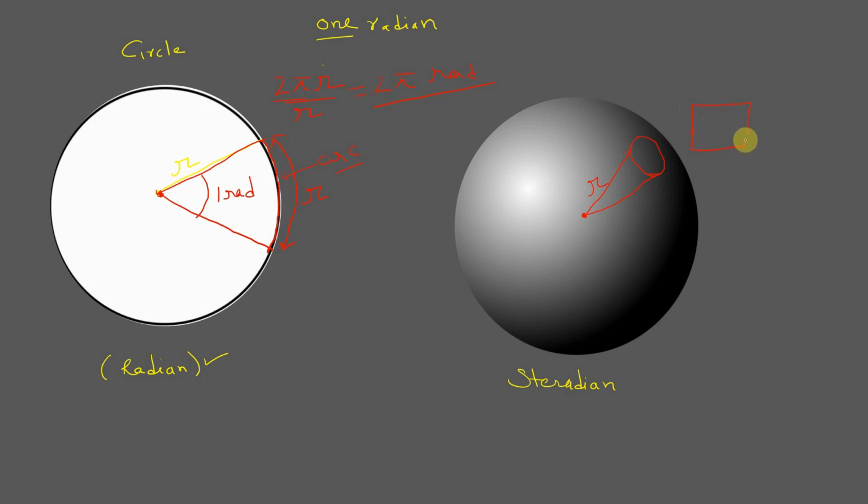This surface is equivalent to a square having the area r square, a square with each side of length r. So this side is r, this side is also r, so the area will be r square.